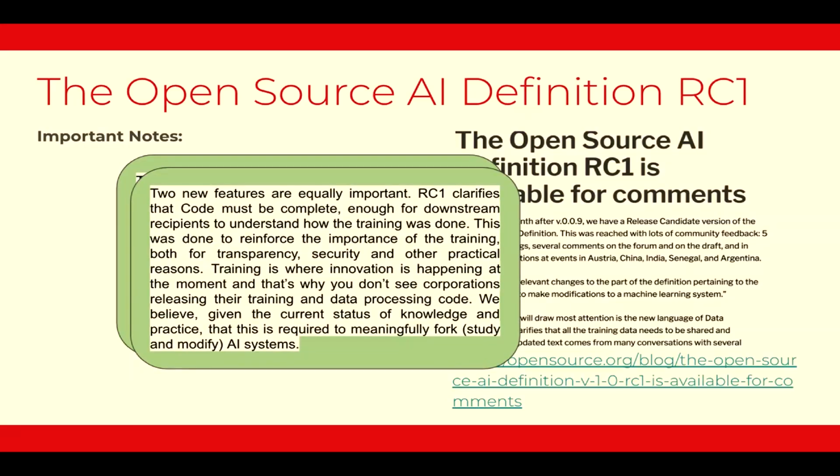Okay, so that's kind of a fly in the ointment on this whole definition. They also had 2 other features. They're clarifying that the code has to be complete enough for downstream recipients to understand how the training was done. So one of the things they wanted to clarify was that you can't just give the code, essentially the neural network setup, maybe even the internal weights, and some idea of the data, and not tell them how you trained it, right?